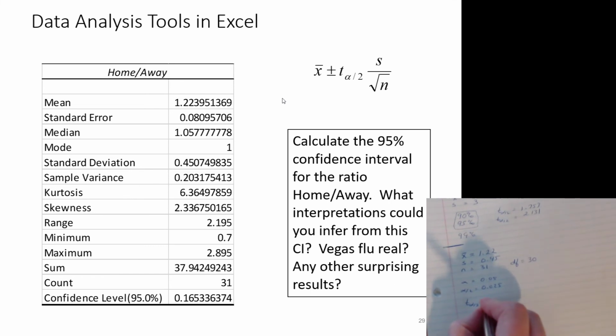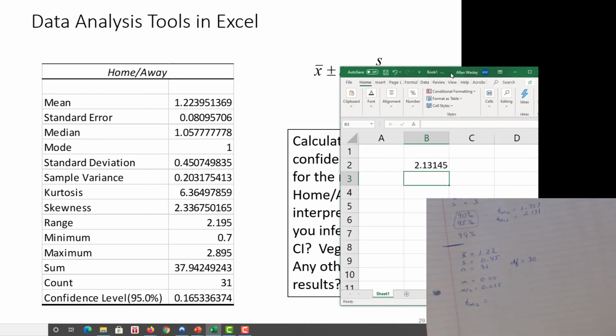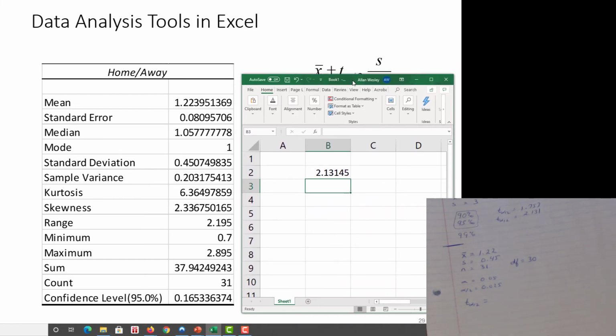T alpha over 2, and now we can look that up. Let's bring the Excel back into the box here. And we'll go with 0.05, and degrees of freedom is 30.